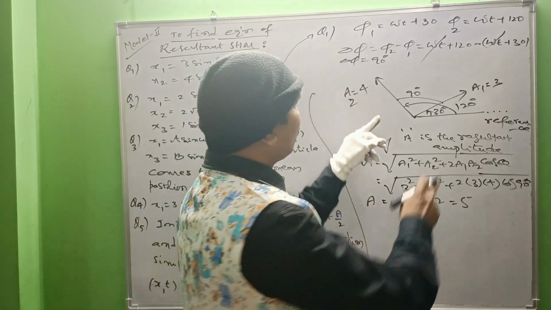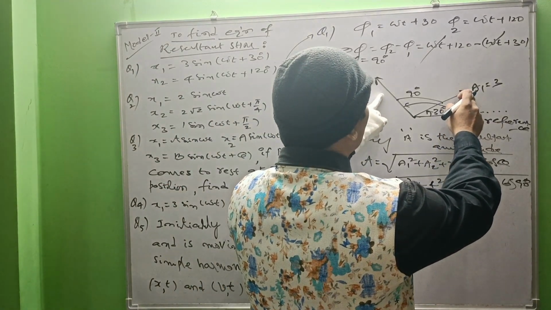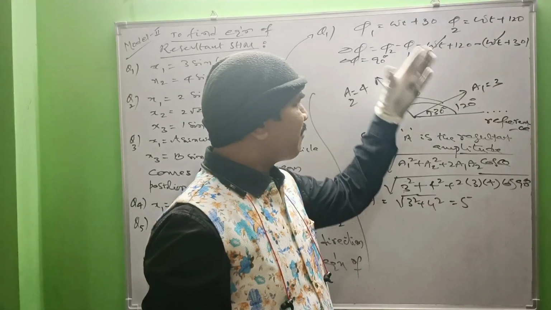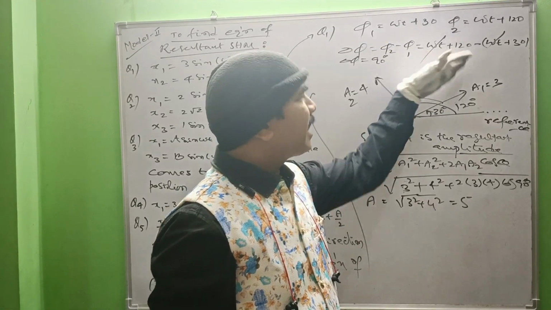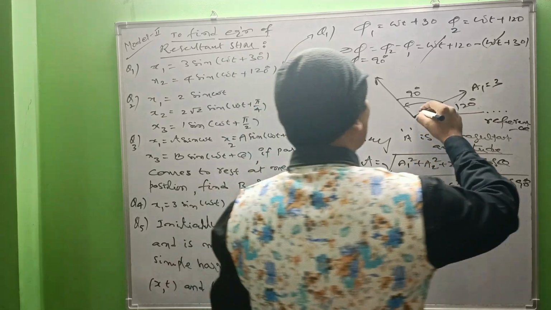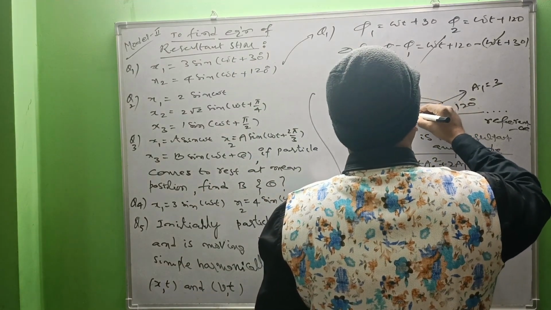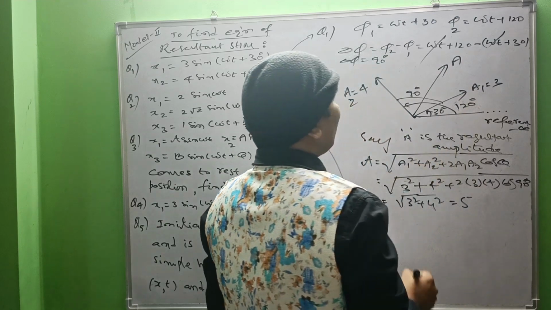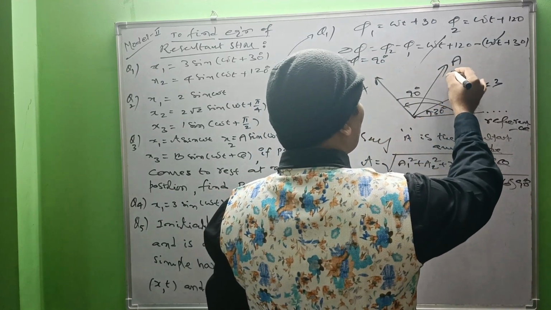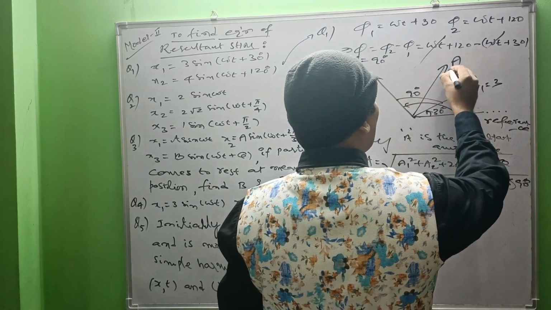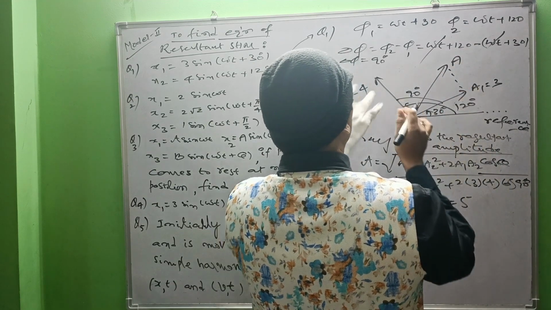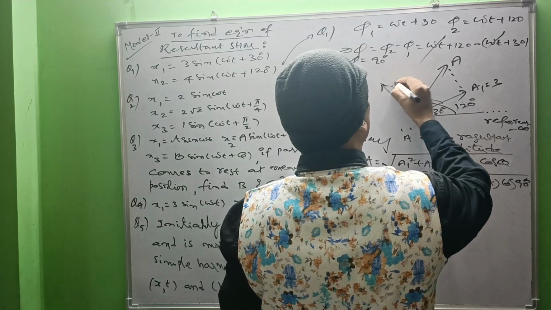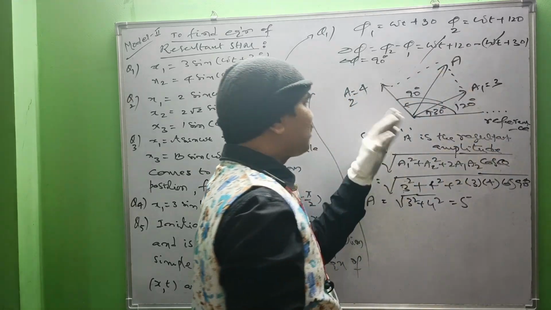Now, these two are inclined at an angle of 90. The resultant of these two makes some angle with A1. This is the resultant A. If I close the parallelogram, with one side parallel to this one and one more side parallel to A1, the parallelogram is constructed.